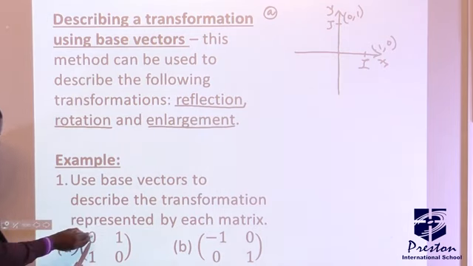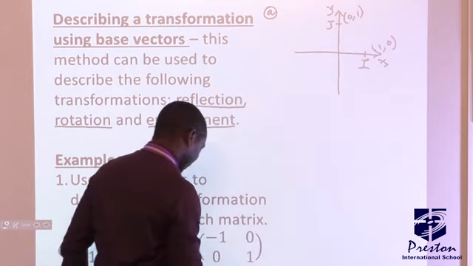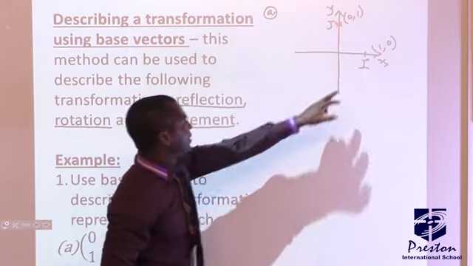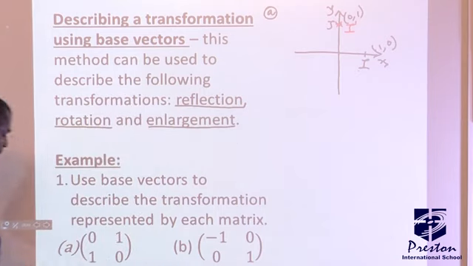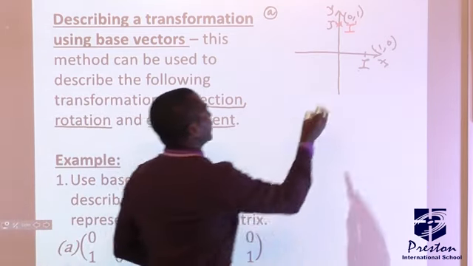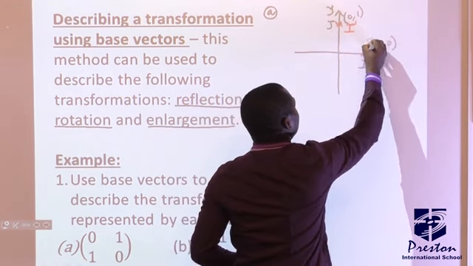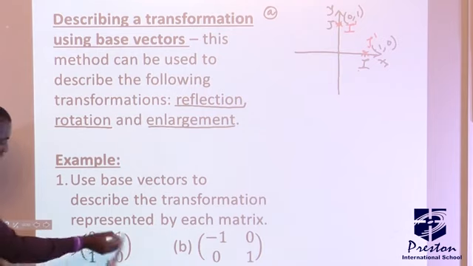The matrix is telling us that the image of I is (0, 1). That is I prime. And the image of J is (1, 0). This is J prime.